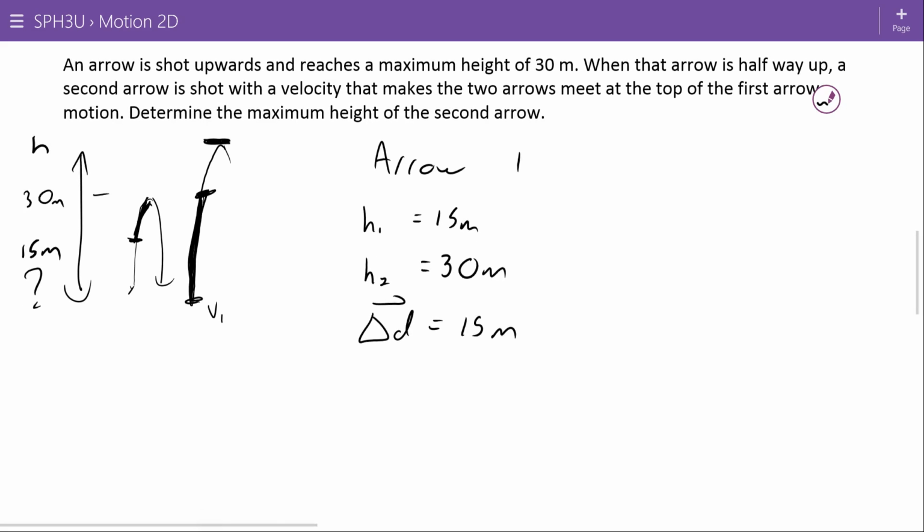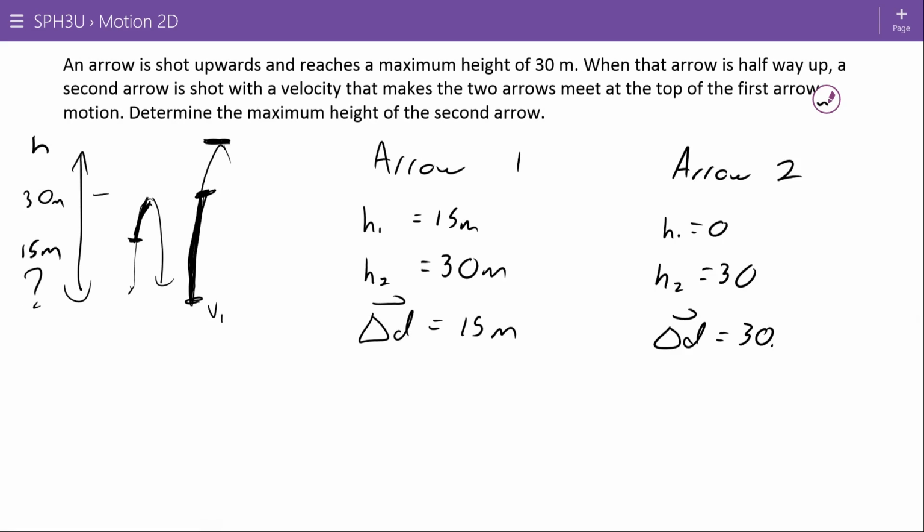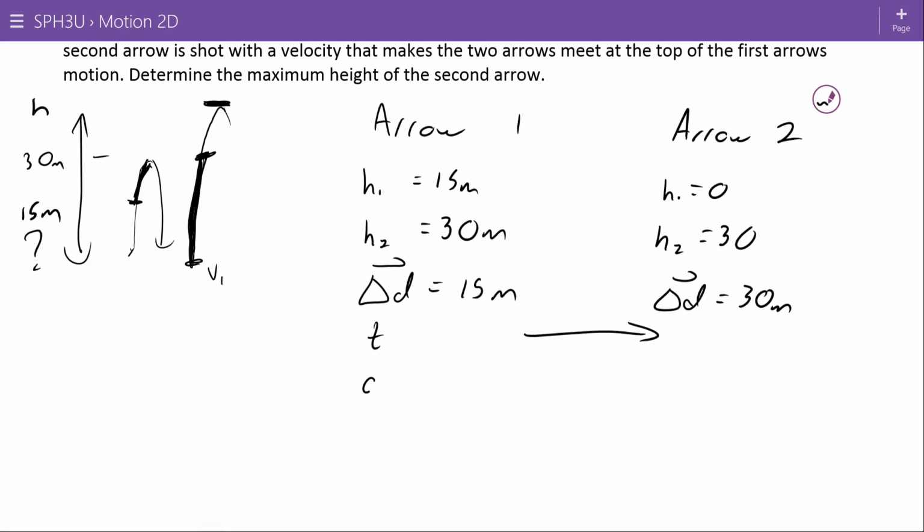that the other arrow goes from a height 1 of 0 meters to a height 2 of 30 meters, or through a vertical displacement of 30 meters. So whatever the time is here, that becomes the time here. Now we know for both of these situations that they're in free fall.